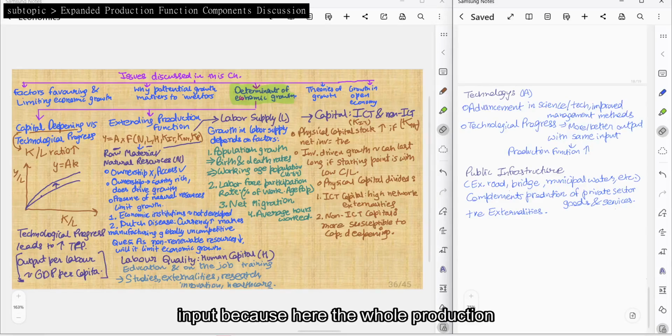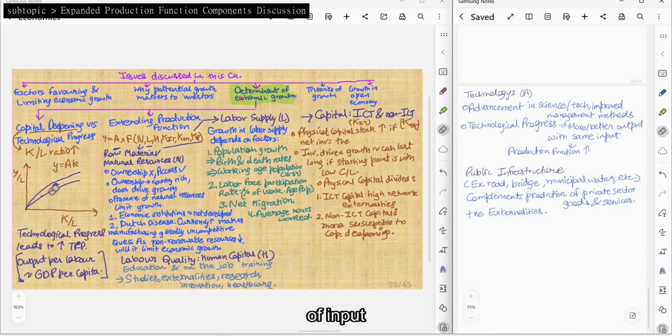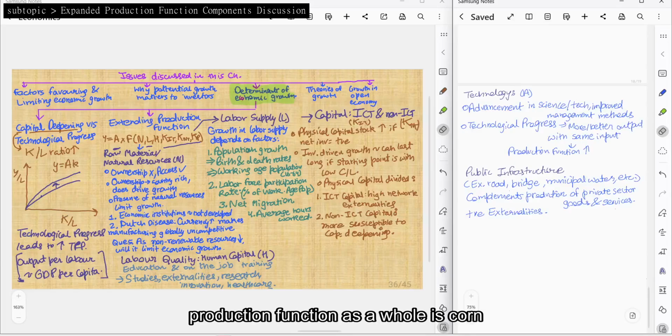Because here the whole production function goes up, as a result, GDP per person goes up with the same level of input and it helps to remove the effect of diminishing marginal returns to capital. So that's why we also say that the production function as a whole has gone up.